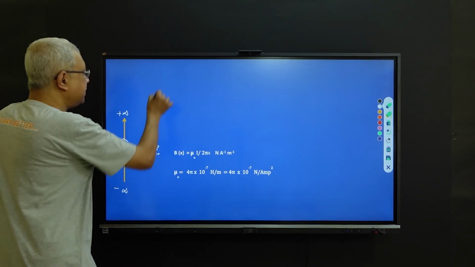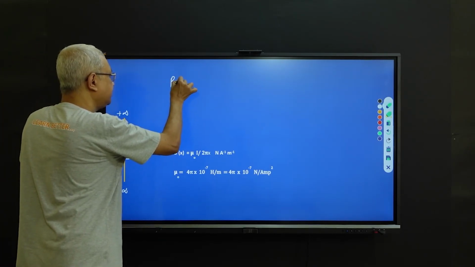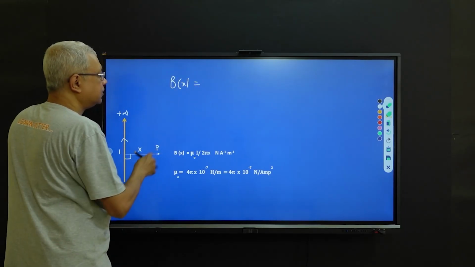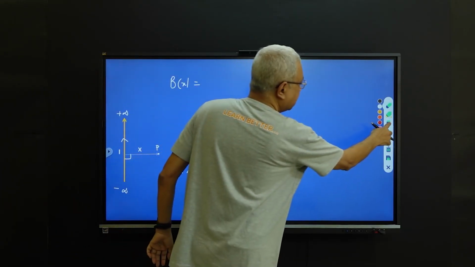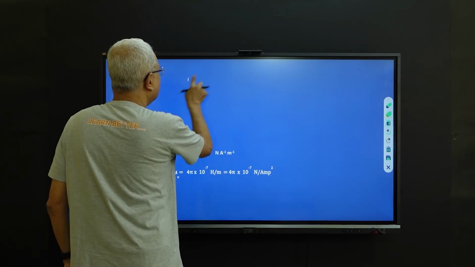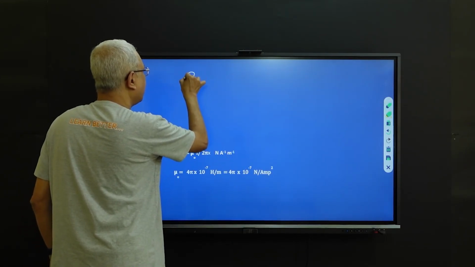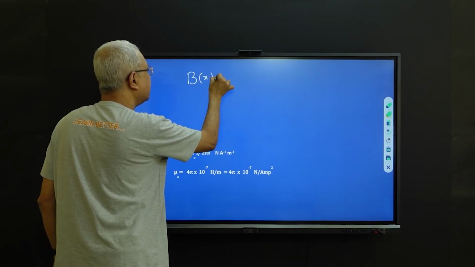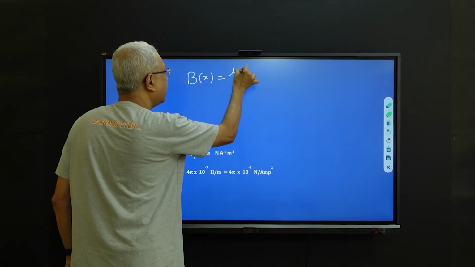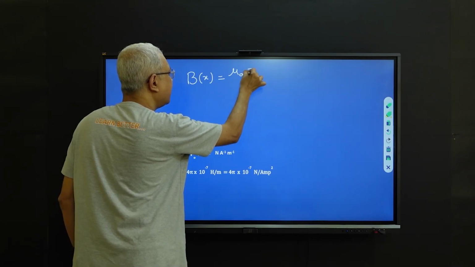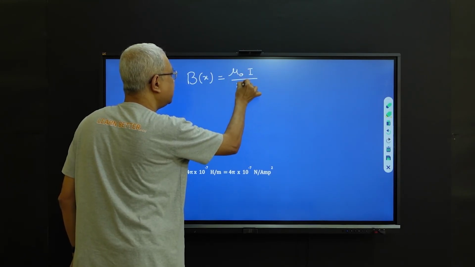So at P, the magnetic field B(x) will be mu naught I by 2 pi x.